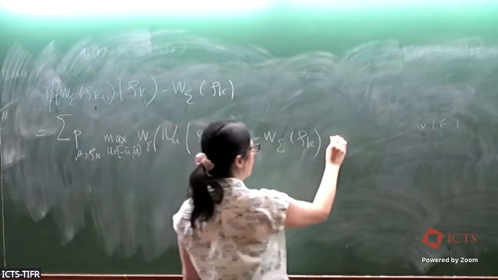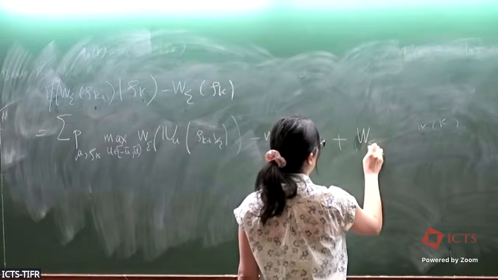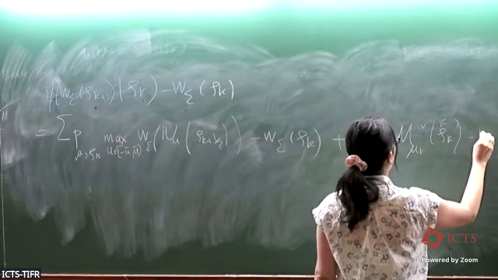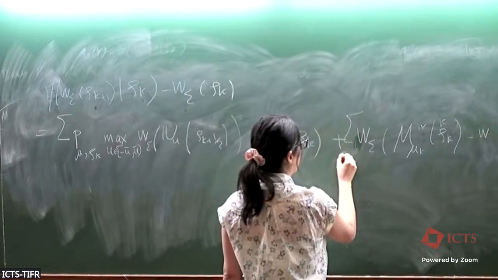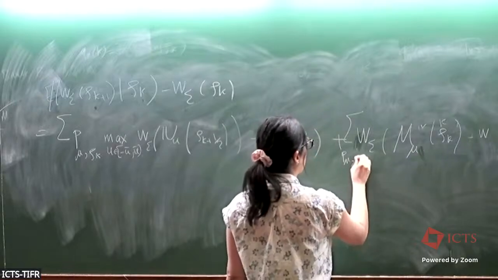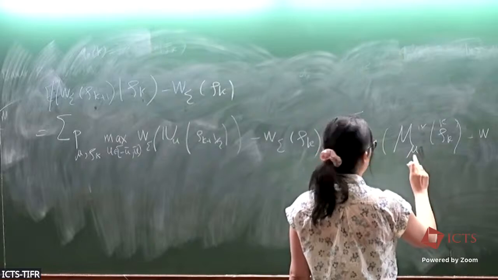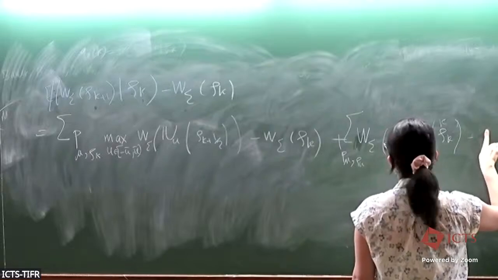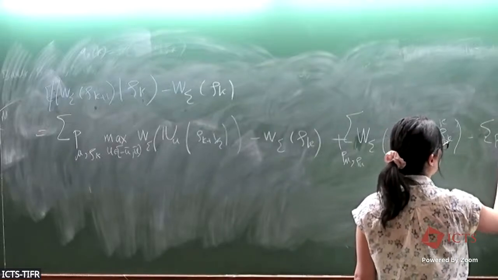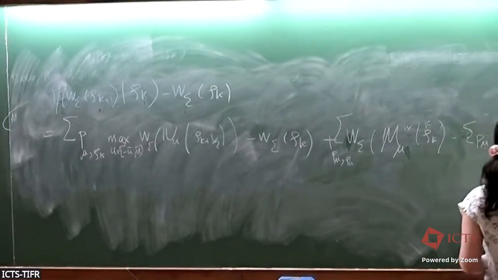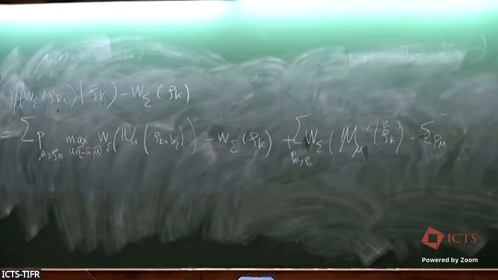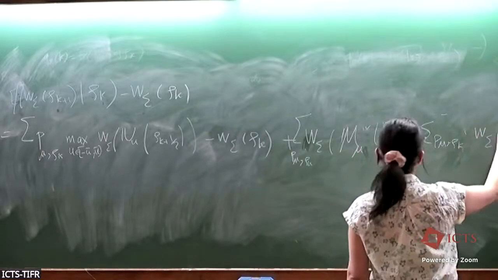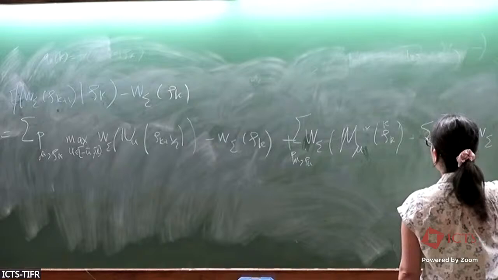So now I will add a term and subtract it, which is w epsilon of the sum of p mu, the superoperator applied to rho k, minus the same, which is p mu rho k and w epsilon mu, okay.